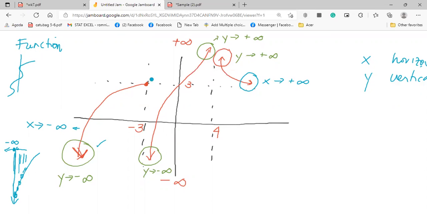Nakikita mo dito, x approaches negative 3 from the left. Ito pa, this also indicates that x approaches 4 from the left. What else? Ang dami, no?